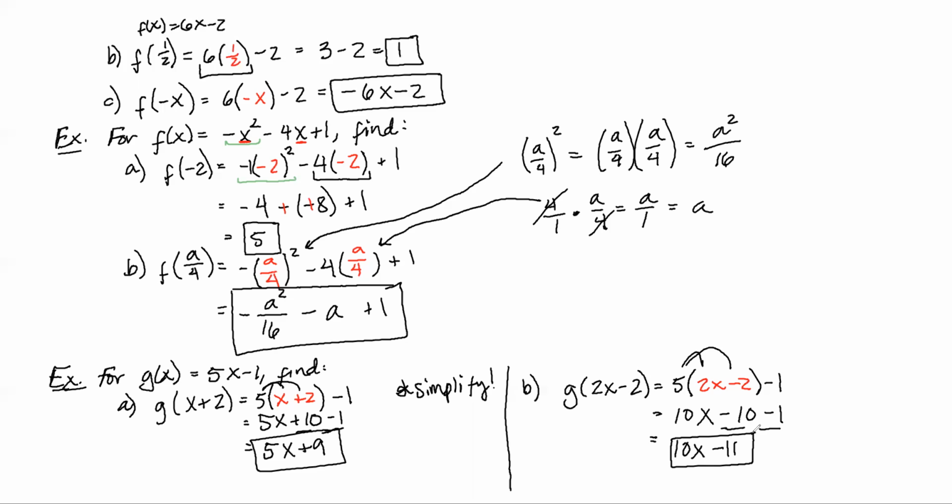All right, now let's go ahead and do the same thing, but in a slightly different way. So in this next set of examples, we are told for each function, we're going to have 3 different ones. Find f of -2.